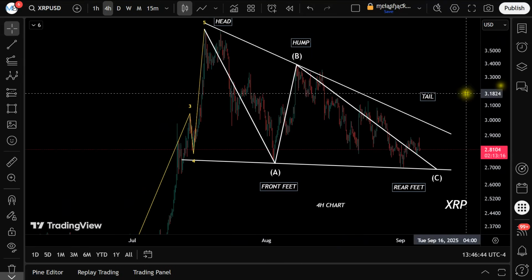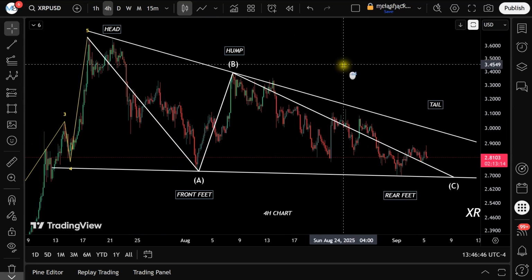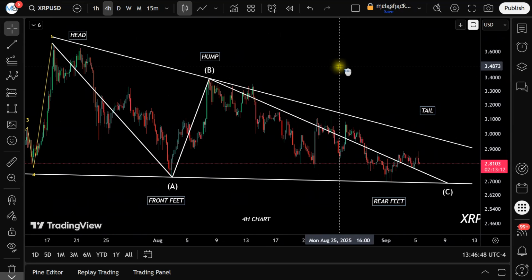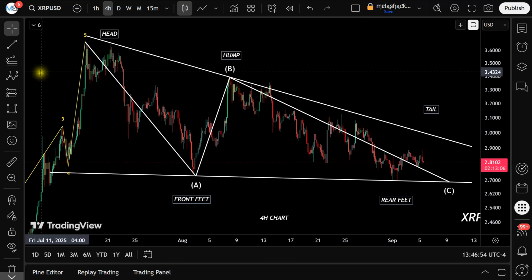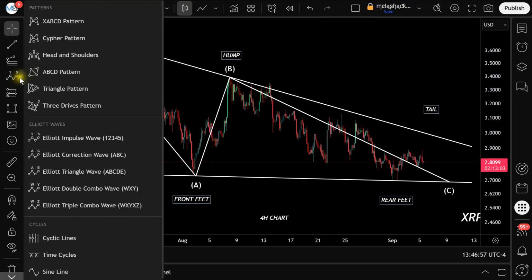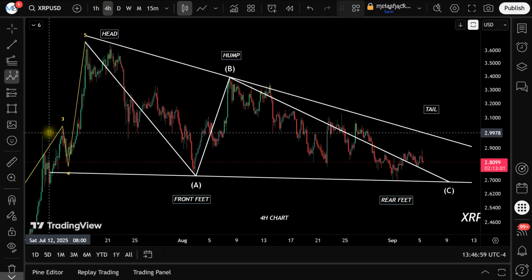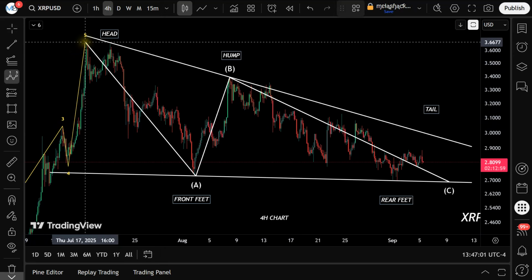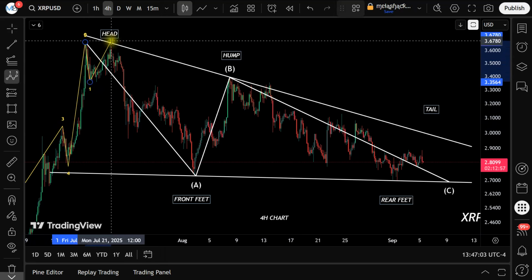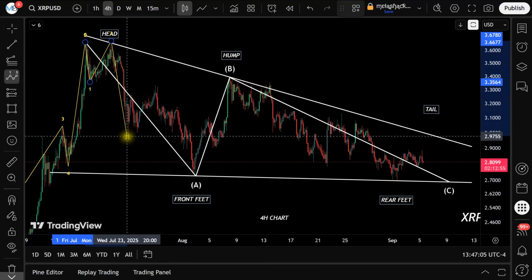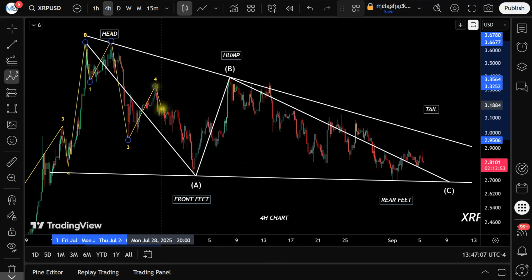So now we'll dial back in on the pattern a little bit closer. Now to start off, we have a 5-wave move to the downside that you can see right here.